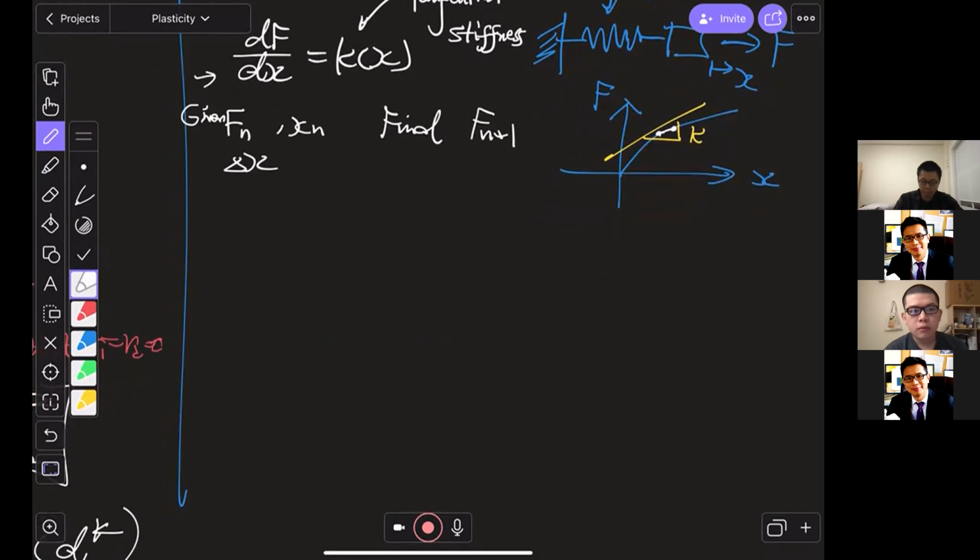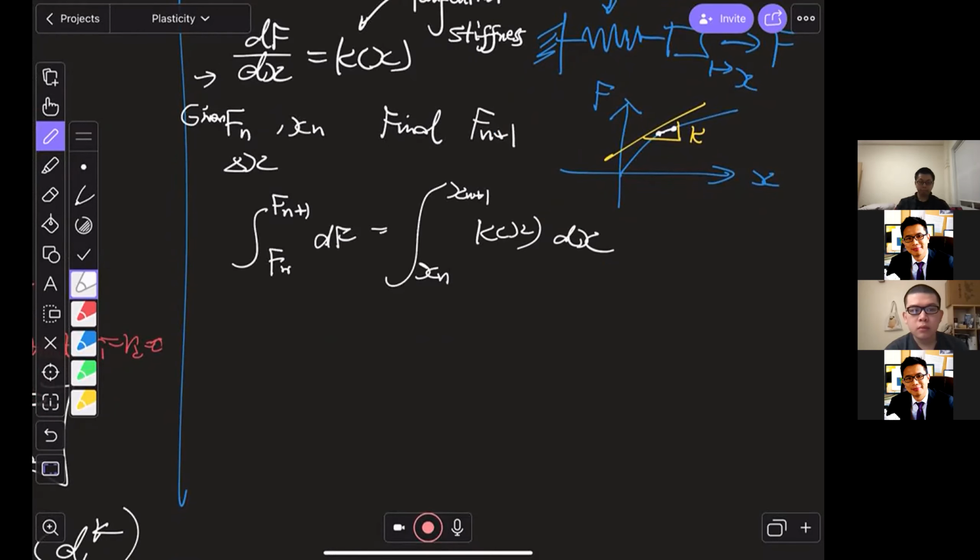Now we integrate these equations, and then we will have this equation, dF would be equal to the integration of this from xn to xn+1. Now the trick here is that I'm not going to solve the second term exactly, but I'm going to approximate it using the tangent. So instead of solving that nonlinear problem here, I'm going to linearize this and just consider this portion being linear.